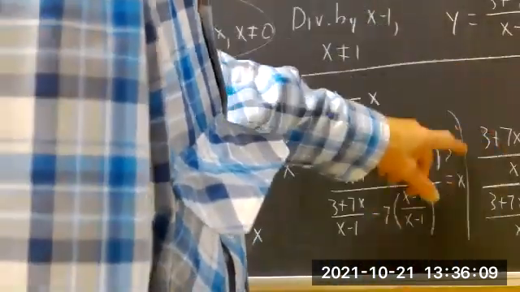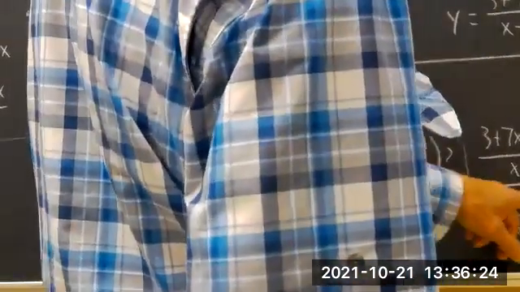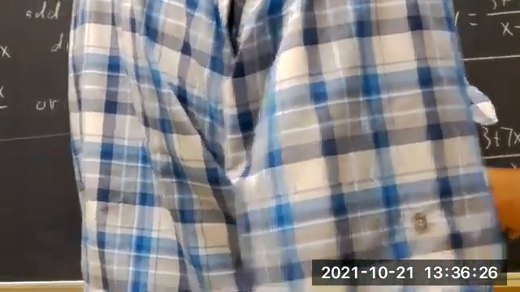Now the numerator here is 10x over x minus 1. And in the denominator, the x's divide out, and we have 3 plus 7 is 10.